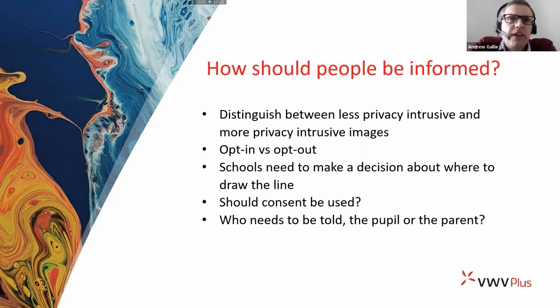A good example is photos that appear on social media. Some schools will only do that if they've got a signed images form from the parent or the pupil, but some simply rely on opt-out wording and leave it up to the individual to let the school know if that's a concern. So it requires judgment.